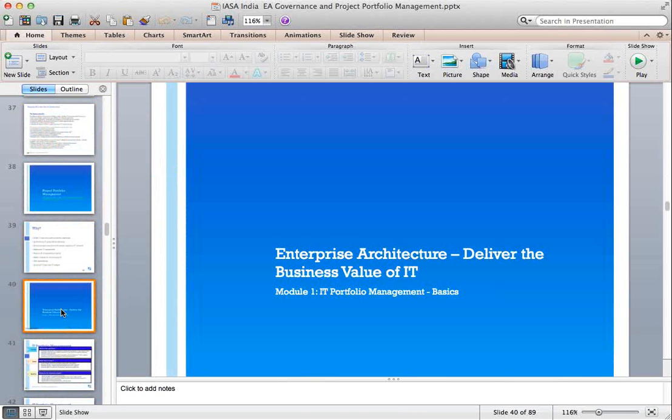IT portfolio management covers that integral part, which is essentially a clear share of what is essential for the moment in a continuum for the community of IT to meet at any given point of time.